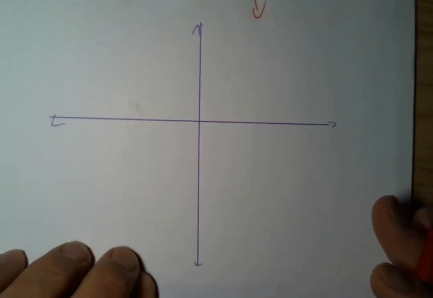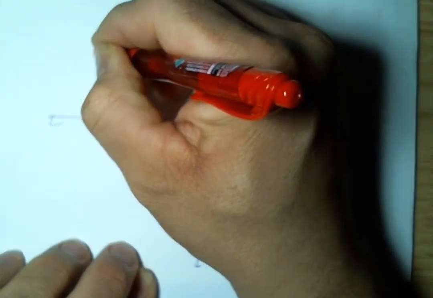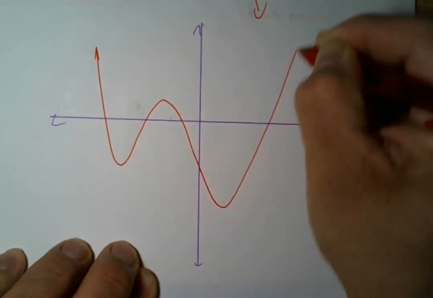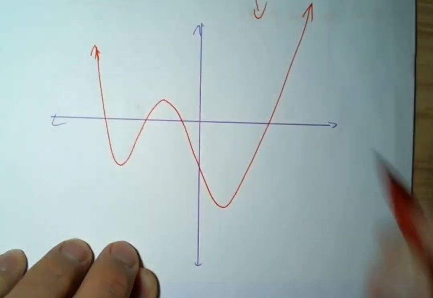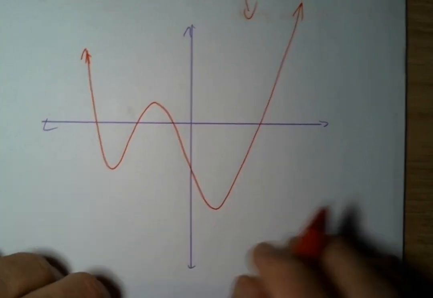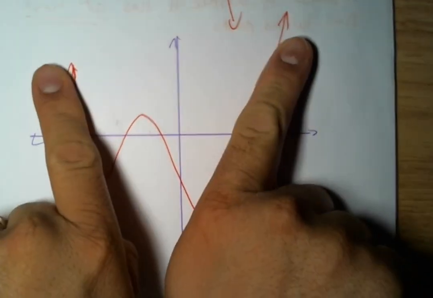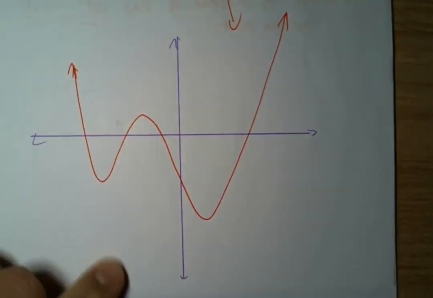All right, so we know that here it looks something like this. Just by looking at this, I know the polynomial degree is even, because these are both headed in the same direction for the end behavior.